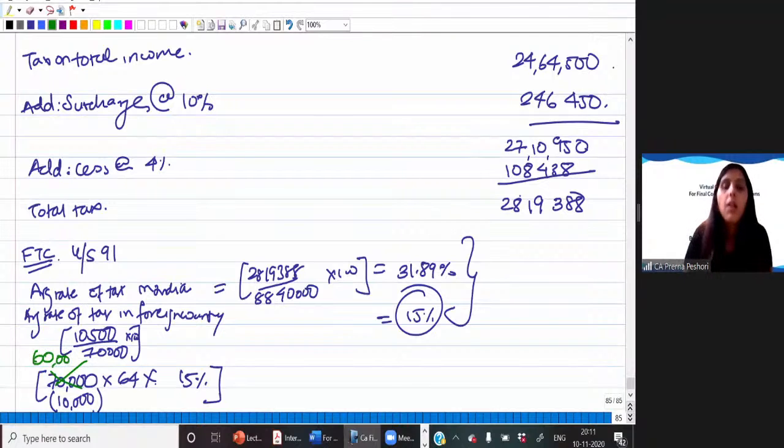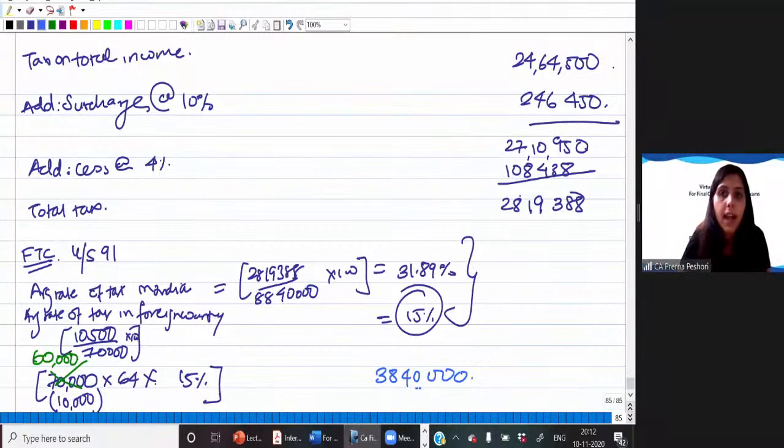So here it should be 60,000. Why? Because the doubly taxed income is not 70,000. I am allowing the set off of loss also. Though it is not allowed in that country, in my country it is allowed. So I will only be giving the relief against 60,000. So 60,000 into 64 into 15%, it comes to 38,40,000. Is it clear?